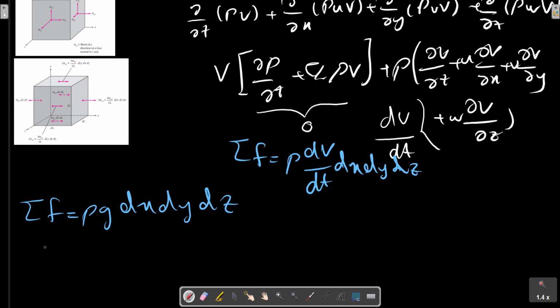relation sigma F x on each surface equals, in x direction we have, the summation of this force and the force in the inlet case.